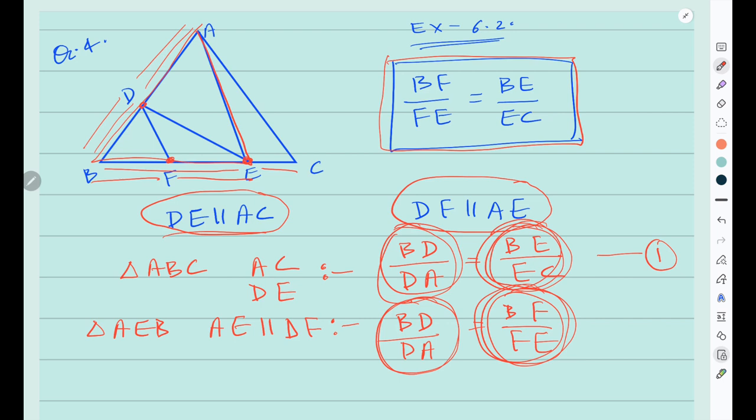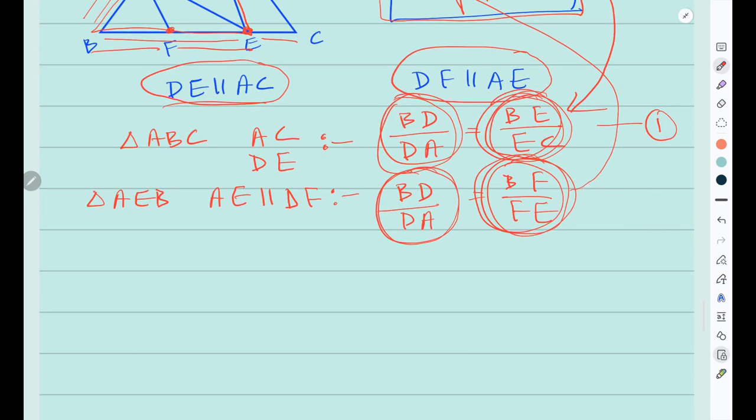You can just compare BE to EC with BF to FE here. So we can say that yes, it's proven. BE to EC is actually equal to BF to FE.